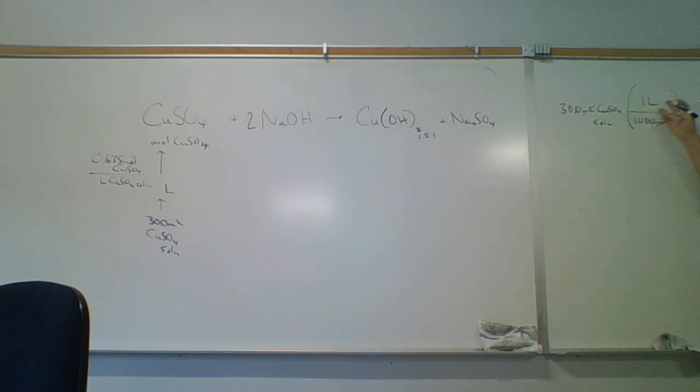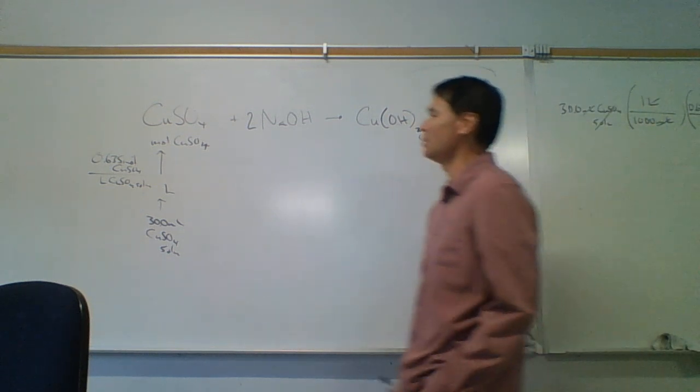If I know how many liters of solution and I know the molarity, then I can go straight to moles. Which I do. I know the molarity is 0.635 moles of pure copper-2 sulfate salt in a liter of copper-2 sulfate solution. So liters of solution cancel liters of solution, and that leaves us with moles of pure copper-2 sulfate.